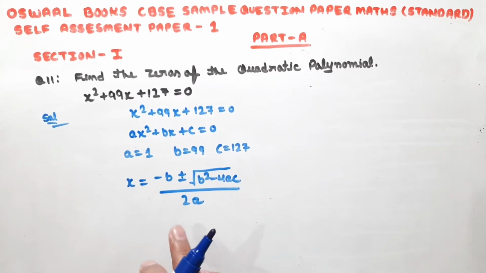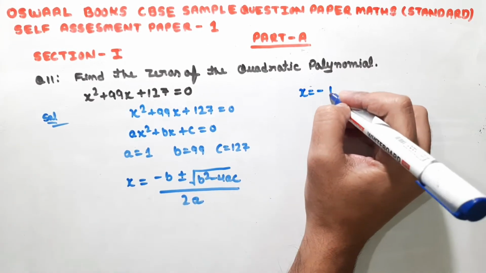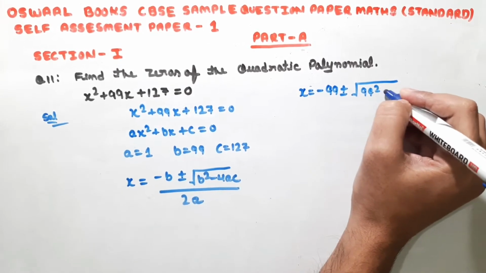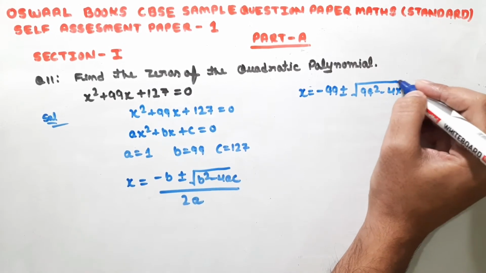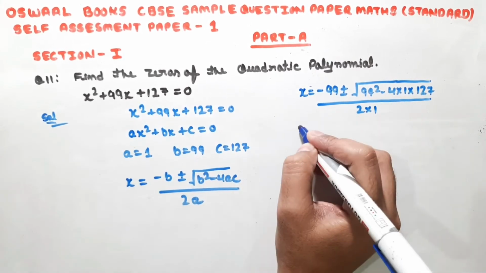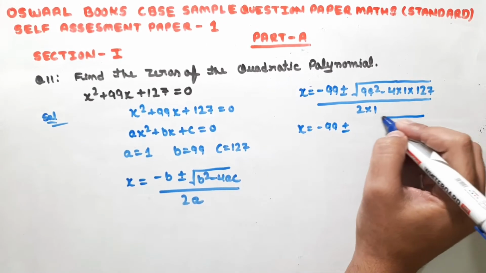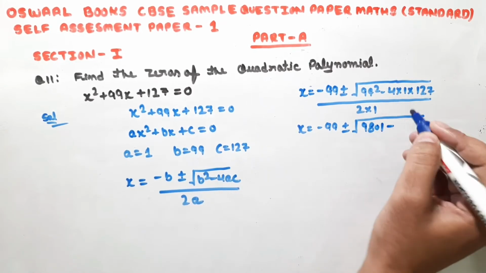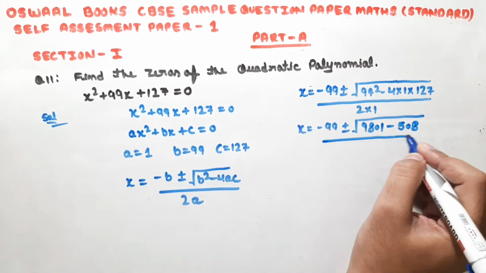So putting values here, x will be equal to minus b, that is 99, plus minus under root b square, that is 99 square, minus 4 into a, that is 1, into c, that is 127, upon 2a, that is 2 into 1. So x will be equal to minus 99 plus minus under root, 99 square will be equal to 9801, minus 4 into 127 will be equal to 508, upon 2.